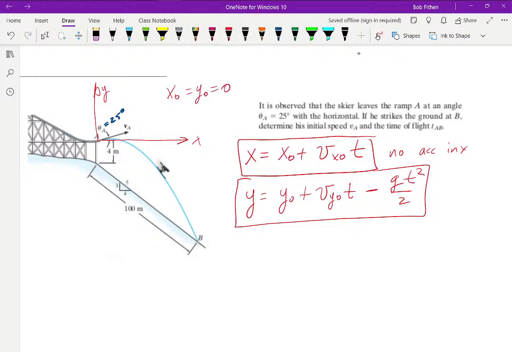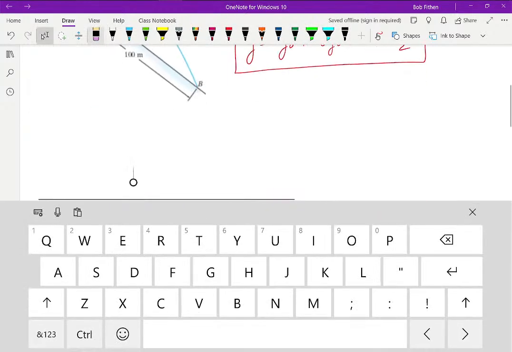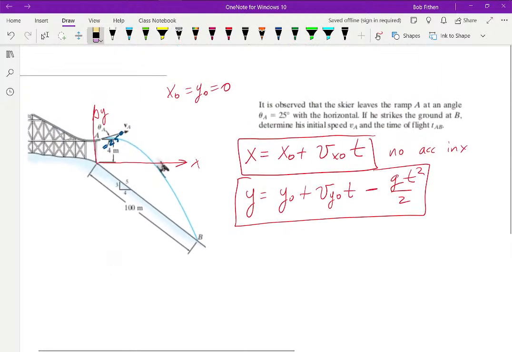However, if I did something silly and said move the axis to there, then in fact y naught is not equal to 0, y naught is equal to 4, which would put a number right there.